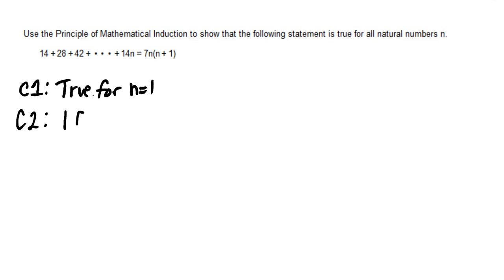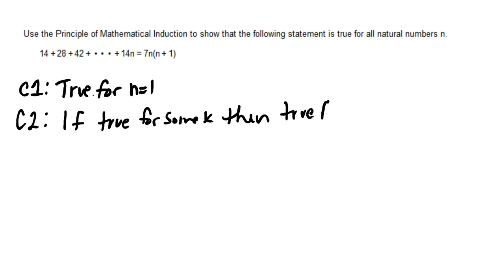It says if the statement is true for some k, then the statement is true for k plus 1. So we need to prove both conditions in order to say that this statement is true for all natural numbers.